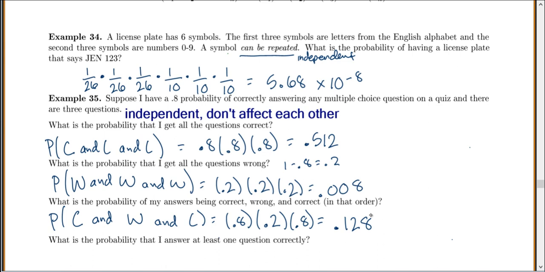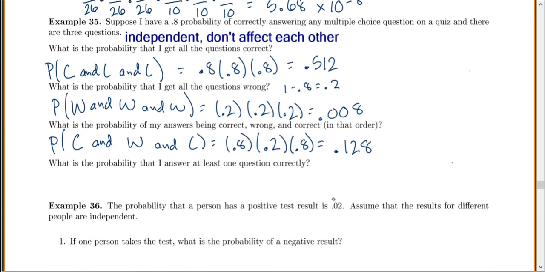Now our next one is, what is the probability that I answer at least one question correctly? Whenever you see at least one, again, remember we need to use the complement. In our case, the complement of at least one right is that they're all wrong.